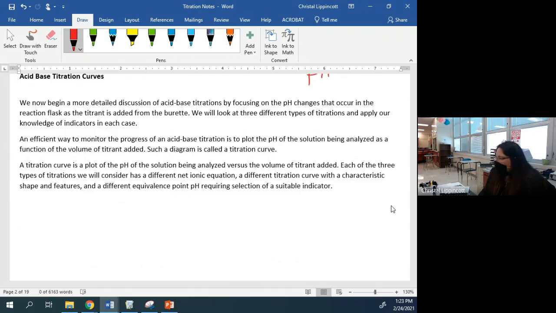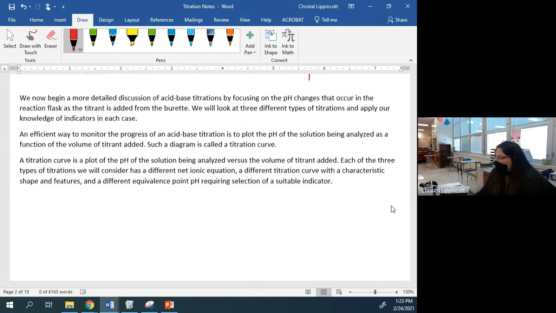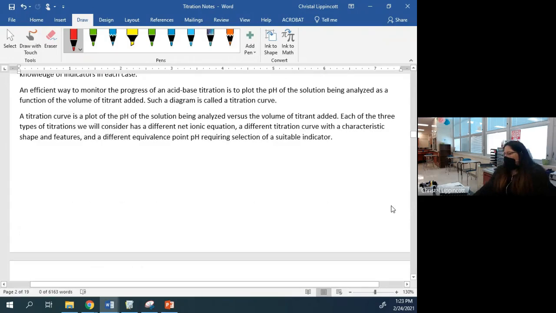A lot of times, if we would have done a titration in chemistry, which unfortunately we didn't get a chance to last year, there would have been an indicator in there that would have told you where that transition was occurring, okay? What we use this year is a little bit more complex than that. The indicator requires your eye to be able to sense when that transition has happened, okay? And everybody's eyes have different abilities to sense things.